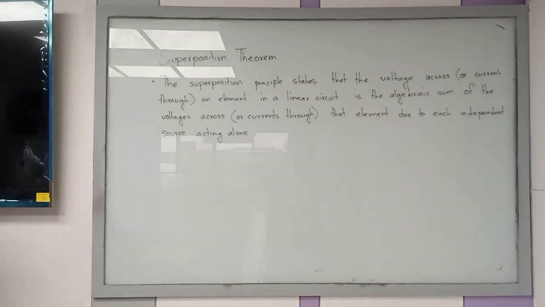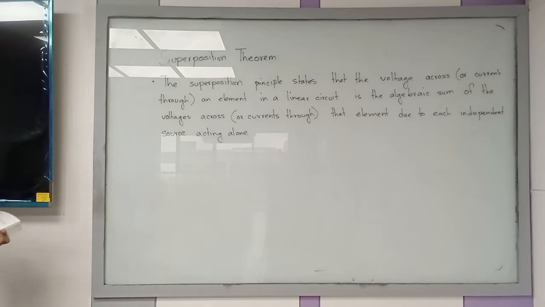So this is basically the definition of the superposition theorem. Let's try to read this first. The superposition principle states that the voltage across or current through an element in a linear circuit is the algebraic sum of voltages across or currents through that element due to each individual source acting alone.